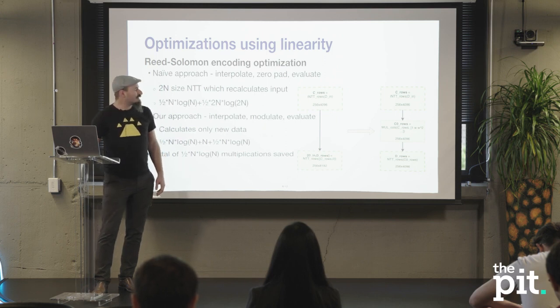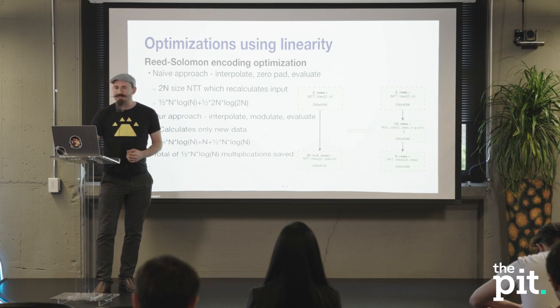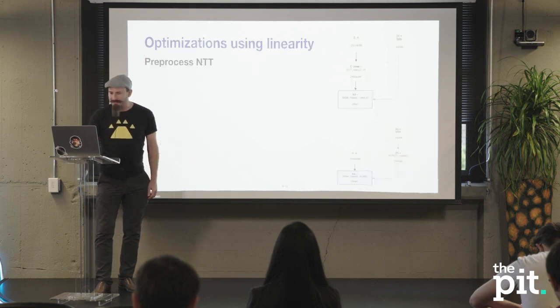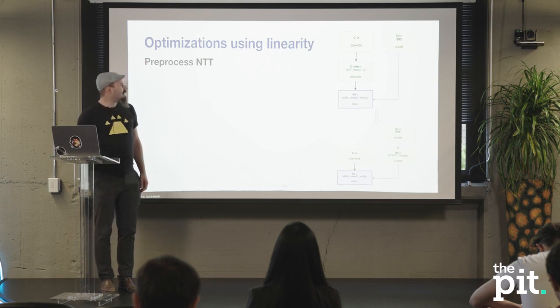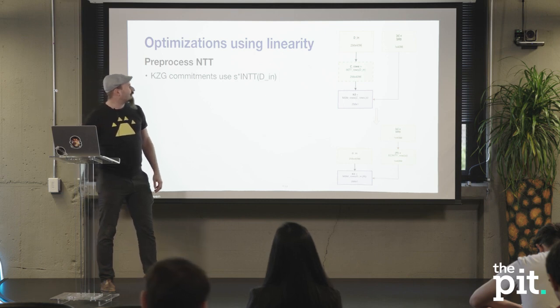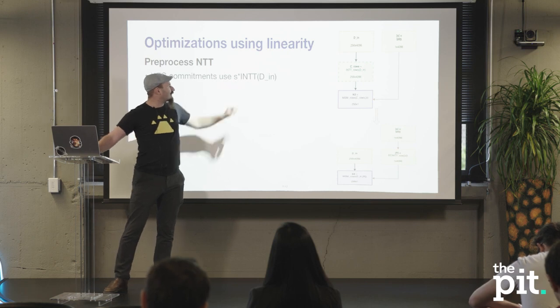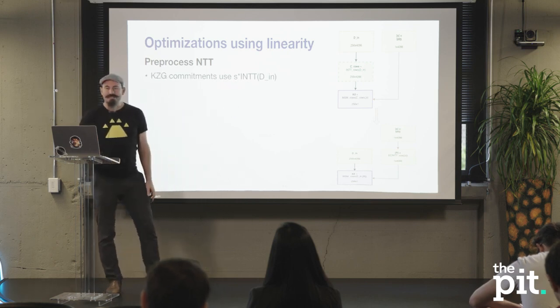Okay, so this is one way we can use linearity to reduce the number of operations needed, by just not recalculating existing data. Another way of using linearity and moving things into preprocessing is by noting that KZG commitments use the SRS multiplied by the inverse NTT of the data.